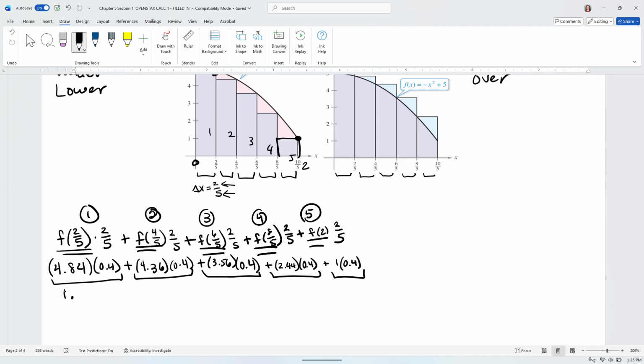This gives 1.936, 1.744, 1.424, 0.976, and 0.4. And remember, we're adding these all up. So now, the total lower sum approximate area is, again, feel free to pause and add these up.